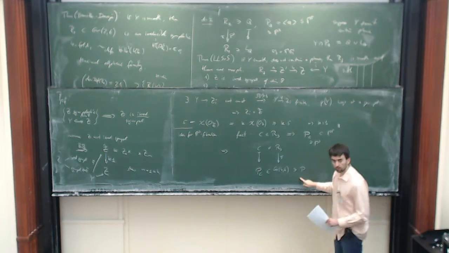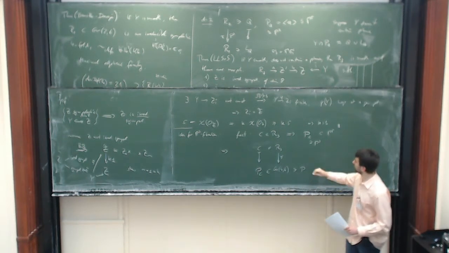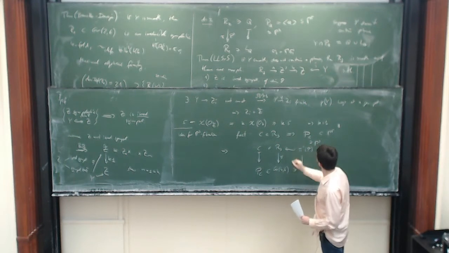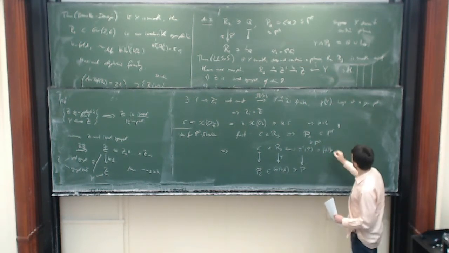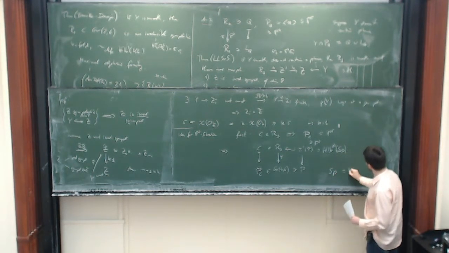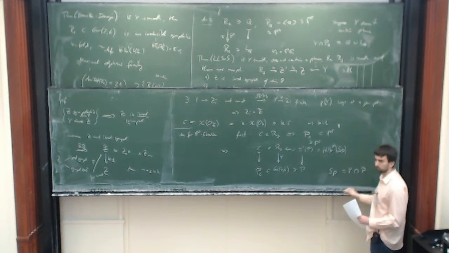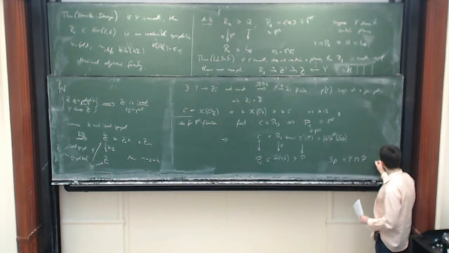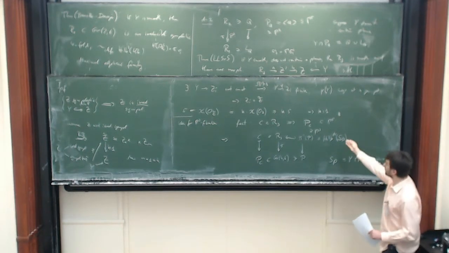So we have a P3 in this P5, and we look at pi minus 1 of P, which we call the Hilbert scheme of generalized twisted cubics on S_P, where S_P is the intersection of Y with P. This is a cubic surface.